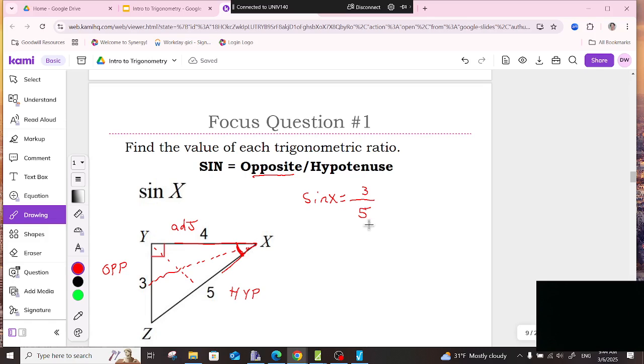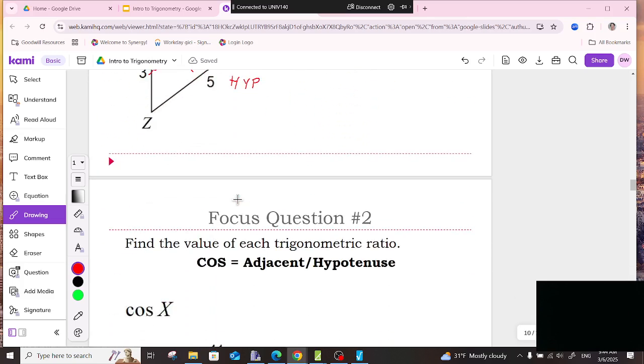You can't do anything. This is the answer, because it was just asking for a ratio. We're not trying to find a missing side length. We're not trying to find an angle. See here how the instructions said ratio? Ratio means fraction. Right? Okay, so now I'm going to go to question 2.